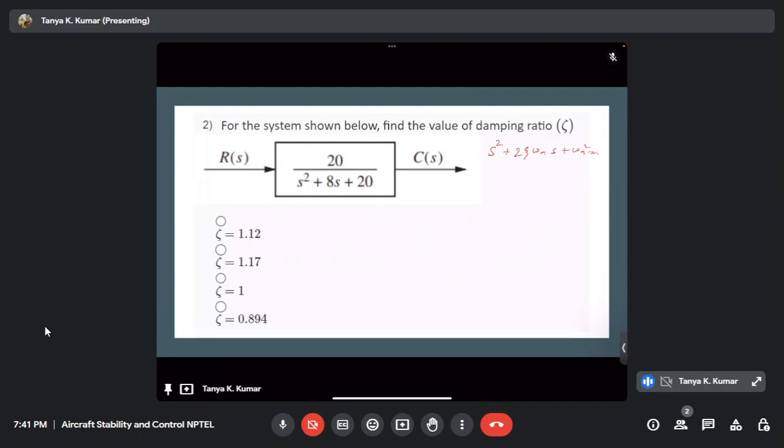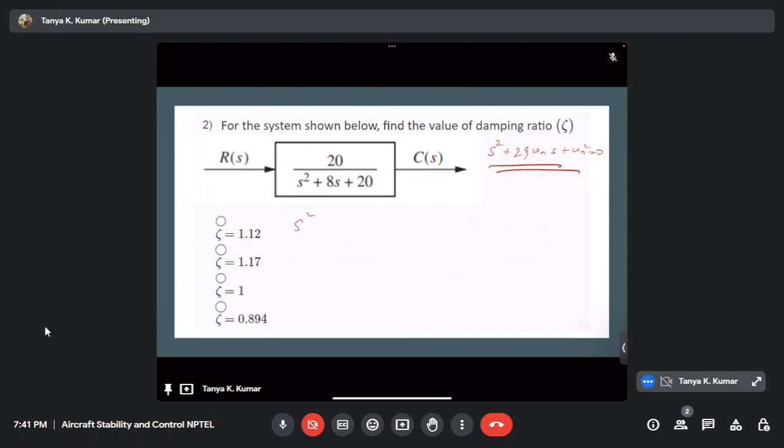Now if you equate the denominator and this equation, will you be able to find the damping ratio? You should be able to do it, right? Try doing it. Just equate the two terms.